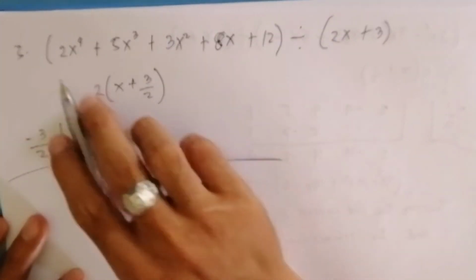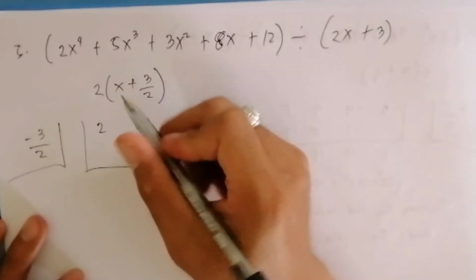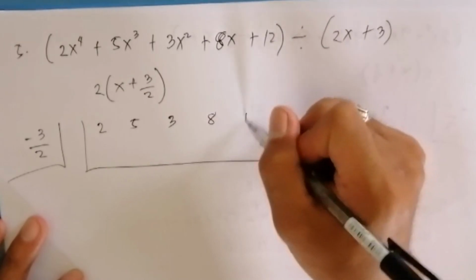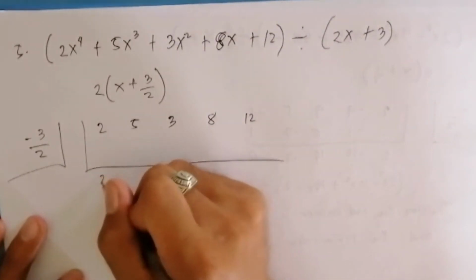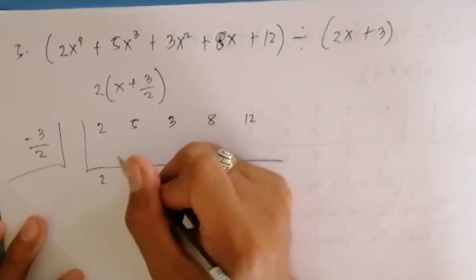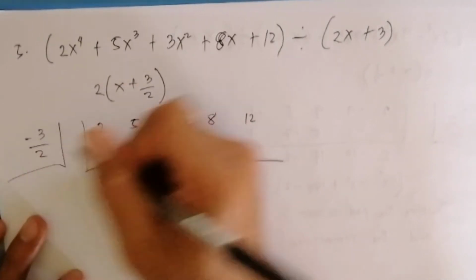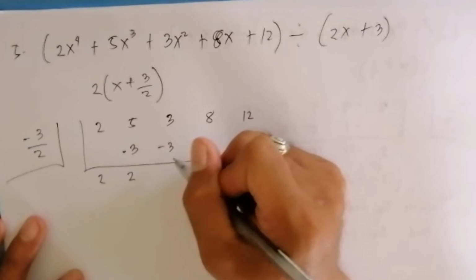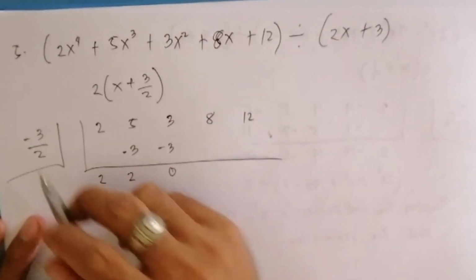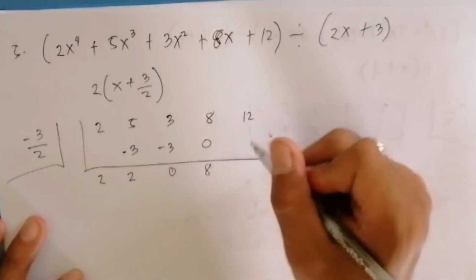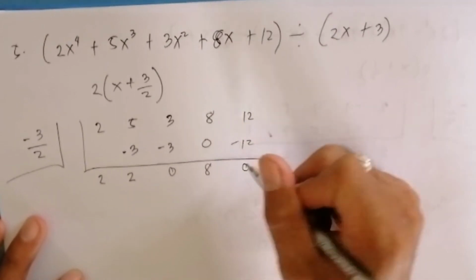The first term is 2, then 5, 3, 8, and 12. Bring down, multiply, so that is negative 3. So that is positive 2, multiply, and that is negative 3. Add, that is 0, then multiply 0, then add, that is 8. Multiply, so that is negative 12, then add, that is 0.